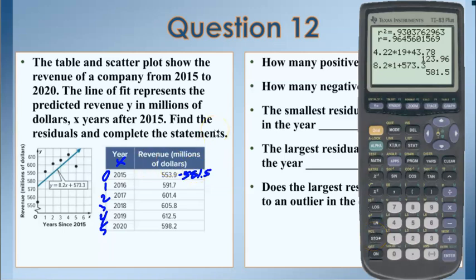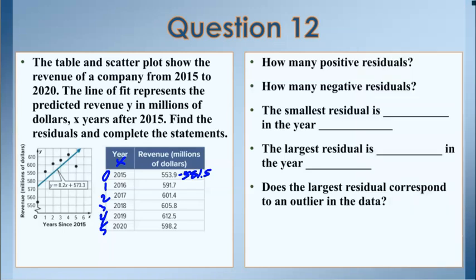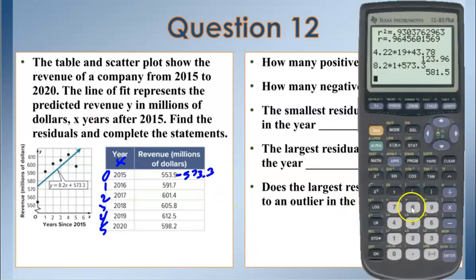So 8.2 times 0 is 0, plus 573.3 is 573.3. So minus 573.3. The next one I put a 1 in, which would be 8.2 times 1 plus 573.3, which gives you 581.5.